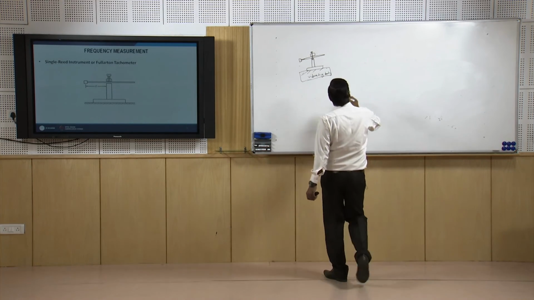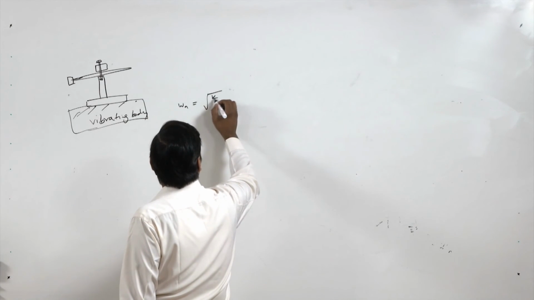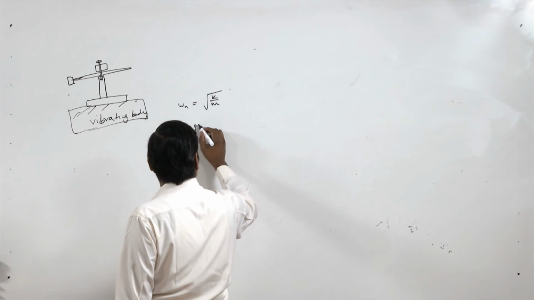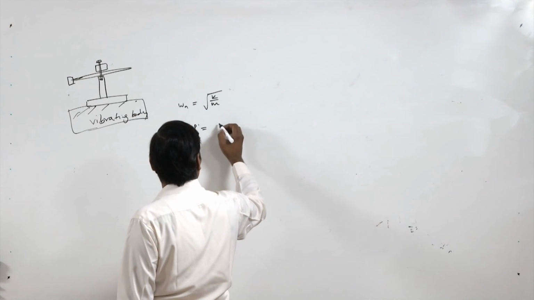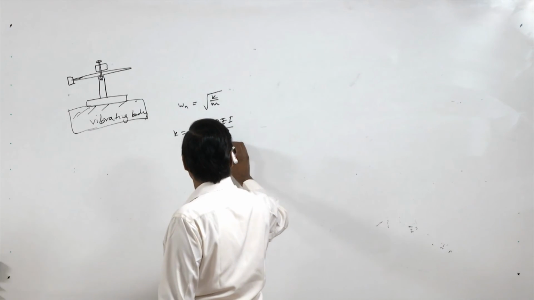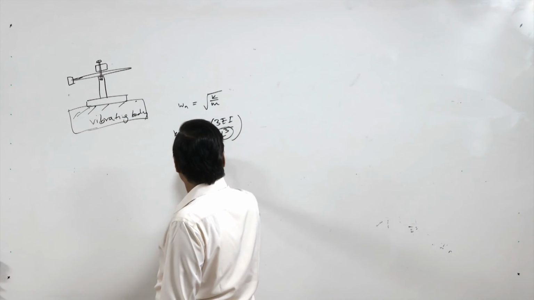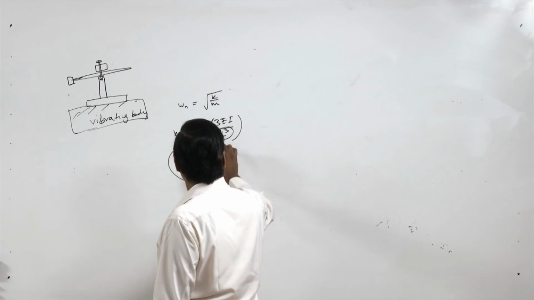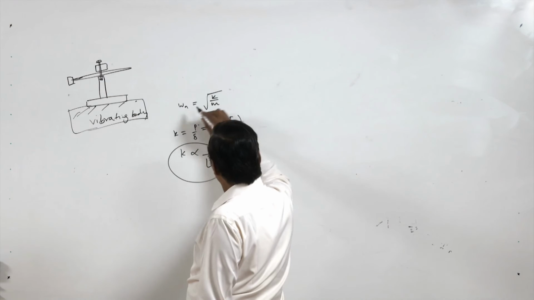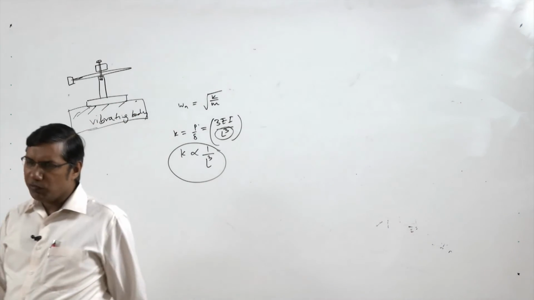You know that for a cantilever beam, omega n is equal to root k by m, and k depends on length. k is inversely proportional to length, so by changing the length of the cantilever, we can change its natural frequency.